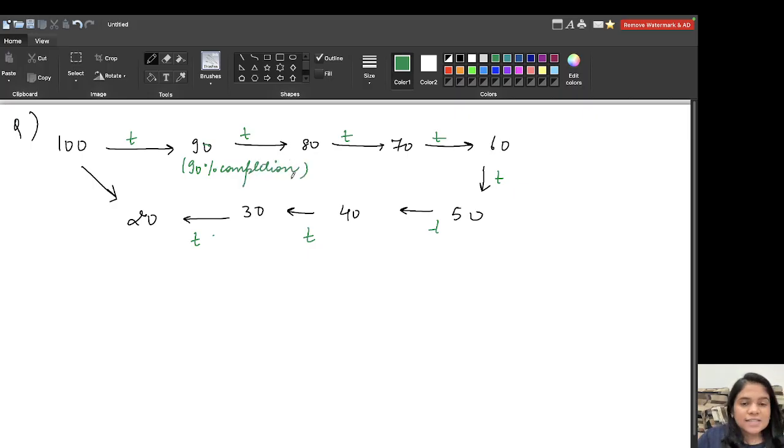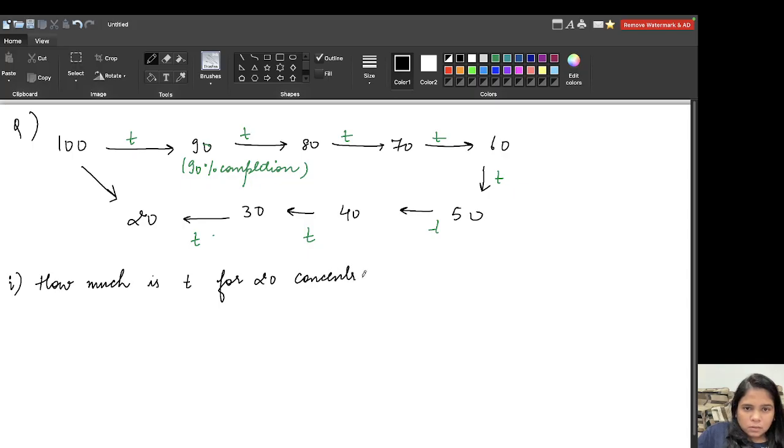So the question is telling us, like a question has different parts. The first part is telling you how much time is for 20 concentration, or you can tell 80% completion.